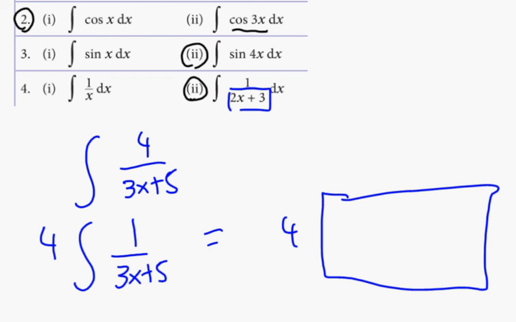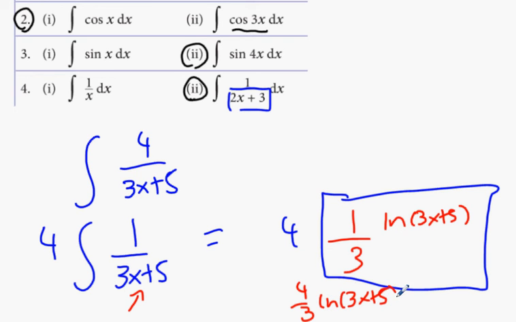Okay, what is the integral again? What did I say it was? ln whatever it is, 3x plus 5, and then 1 divided by the derivative of what it is. Would you differentiate 3x plus 5? 3. 4 times a third ln 3x plus 5, 4 over 3 ln 3x plus 5. That right?